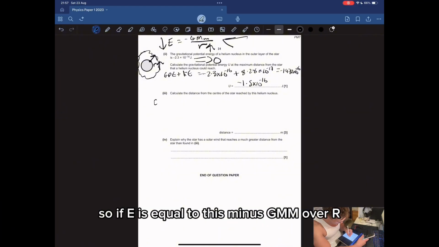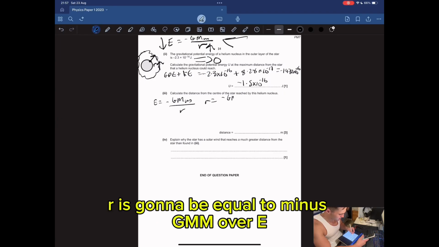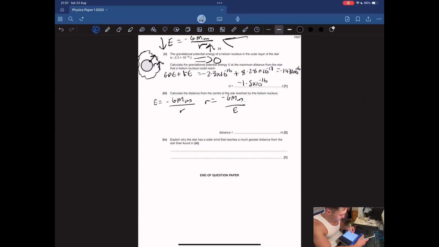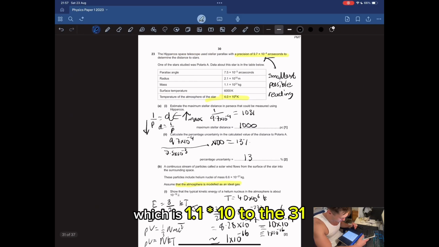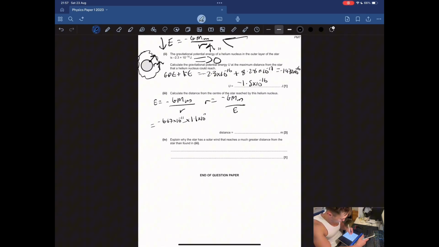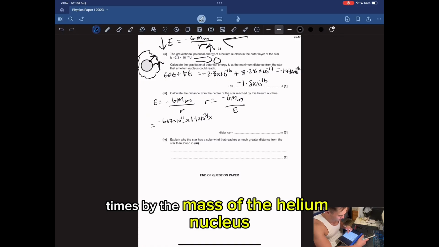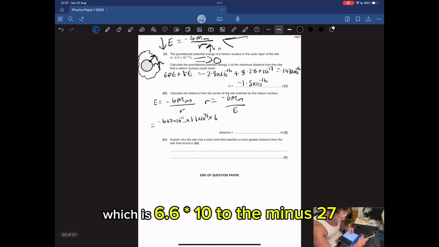So if E is equal to this, minus GMm over R is going to be equal to E, so R equals minus 6.67 times 10 to the minus 11 times the mass of the star, which is 1.1 times 10 to the 31, times the mass of the helium nucleus, which is 6.6 times 10 to the minus 27.